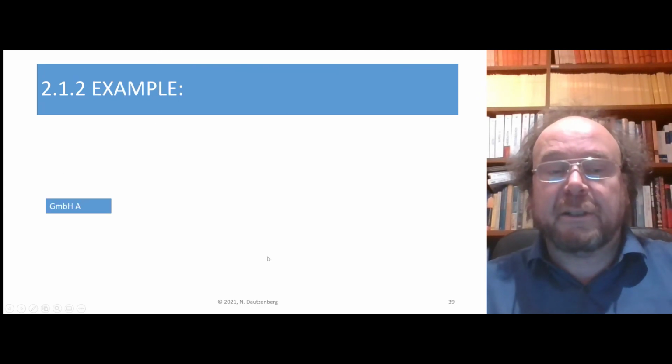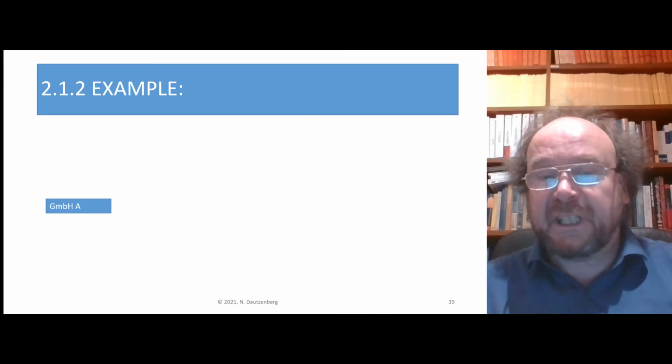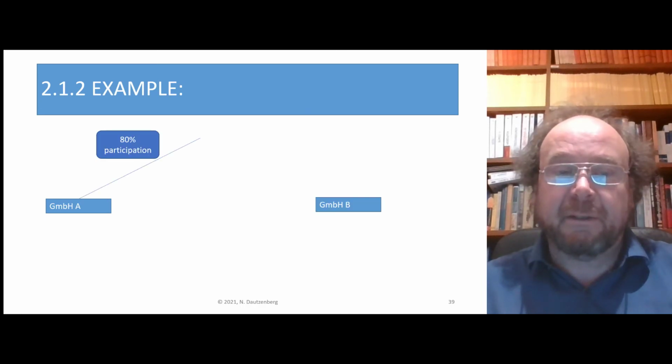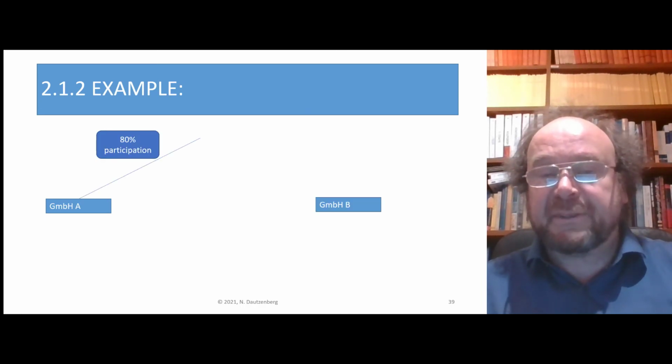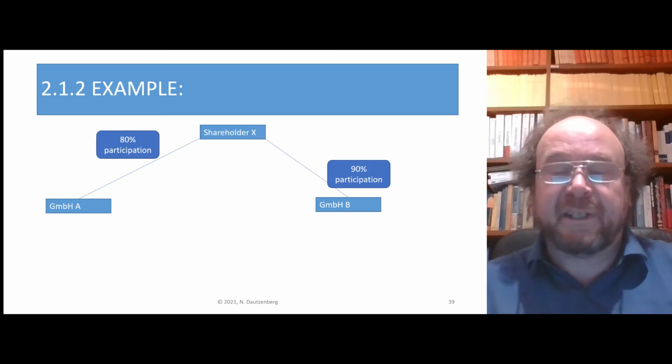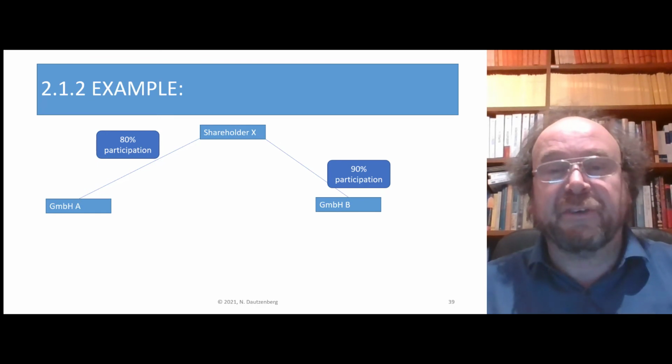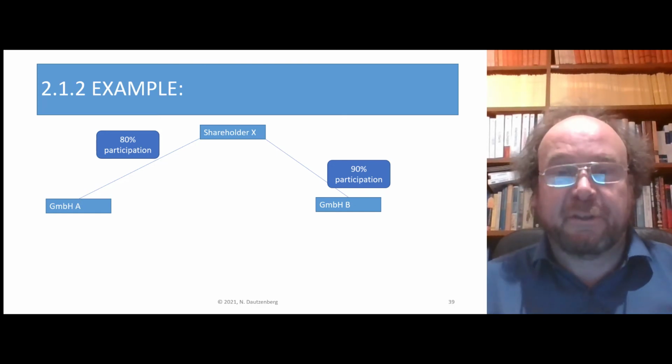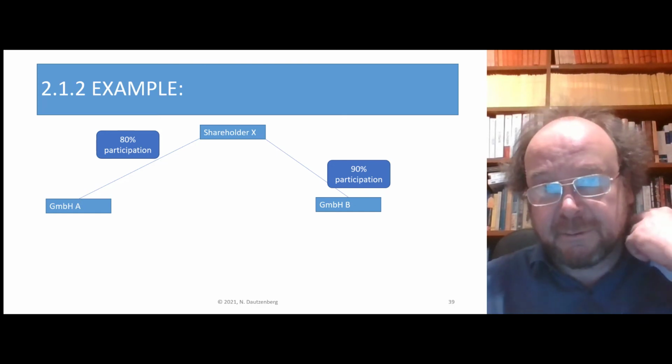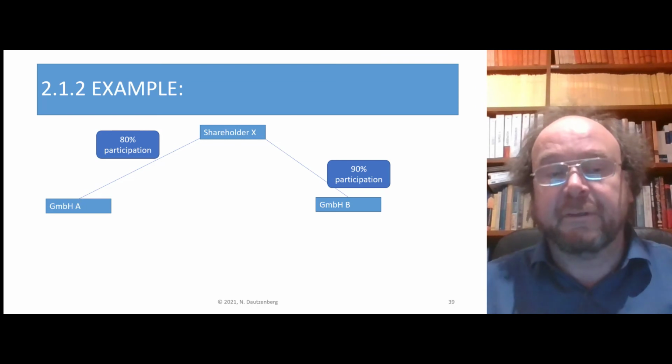Then here we would have again GmbH A, GmbH B. Let's say now 80% is owned by shareholder X and 90% is what the shareholder holds in GmbH B. That is just to show you that you do not need a 100% participation. That somebody is a shareholder is already enough.